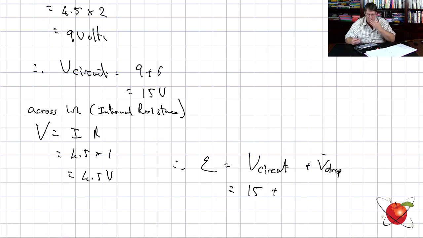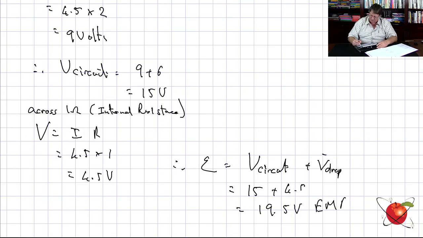I must just check myself: 9 volts and 6 volts, that is 15 volts. So 15 volts plus 4.5 volts is equal to 19.5 volts. You can check my working here, but we've got 15 volts for the circuit because we said 9 volts and 6 volts makes 15. Add the internal resistance 4.5, so we basically got 15 plus 4.5, 19.5 volts. That's the EMF of the battery.